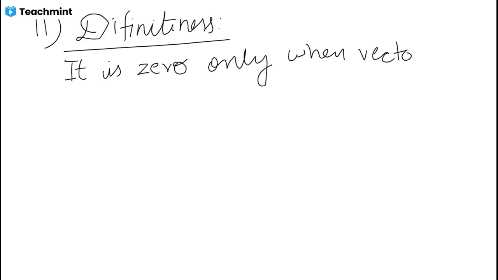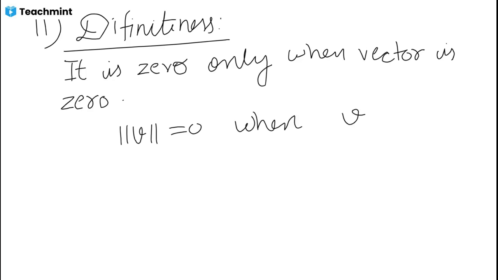For a non-zero vector, it can't be zero. So the norm of v is zero only when v is zero. For a non-zero vector, it is never zero.